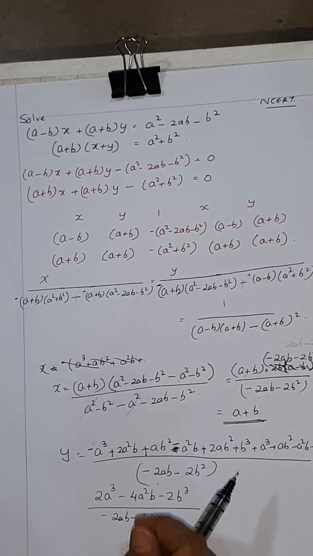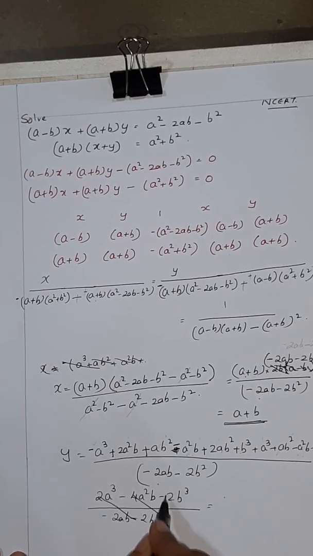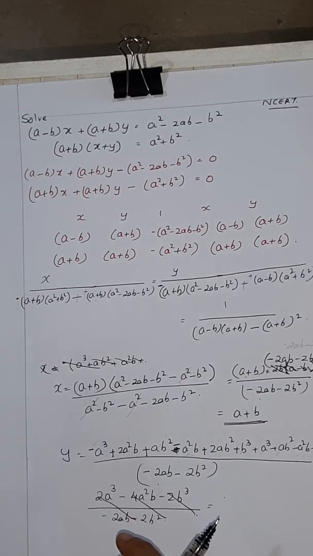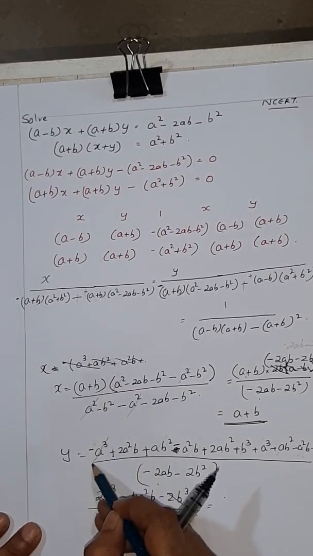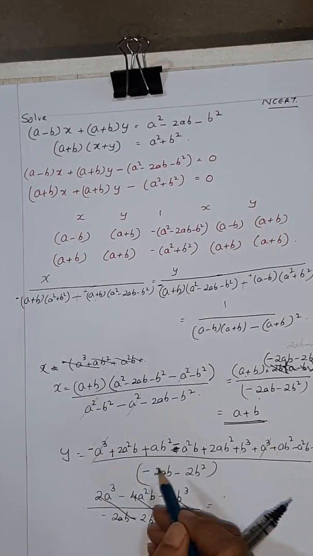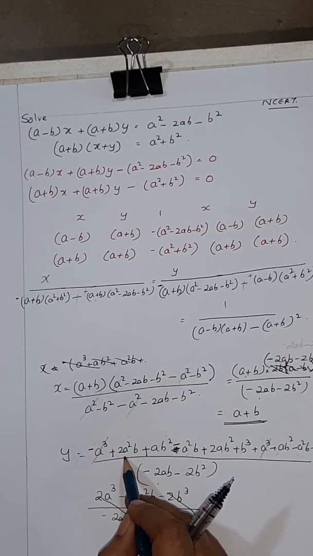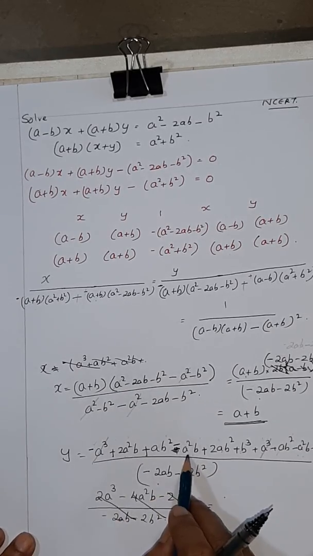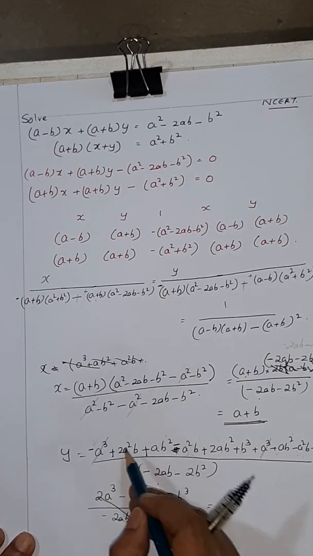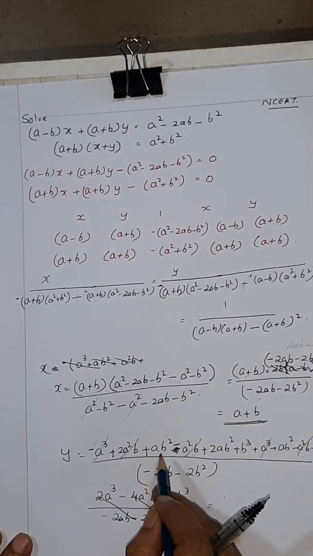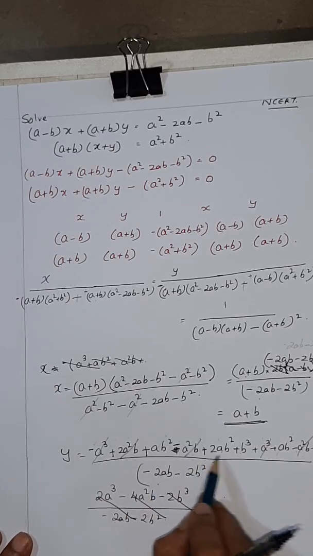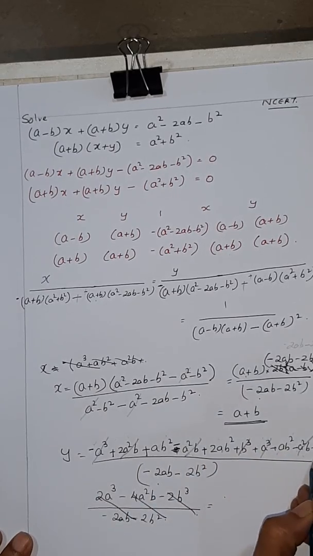So this will become, now I will change this. So we will see what all will get cut. So a cube will get cut, and then 2a squared b minus this will get cut, then b cube and b cube will get cut.